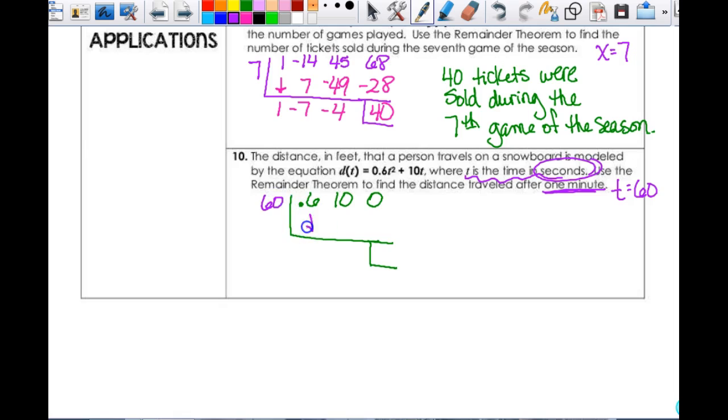Now, I have a decimal. Does that mean I need to freak out? No. When you multiply by a decimal, you just multiply, and then you move your decimal place over. So what's 6 times 60? 360. And how many times do you move the decimal place over? Once. So this is 36, which makes this 46, right?